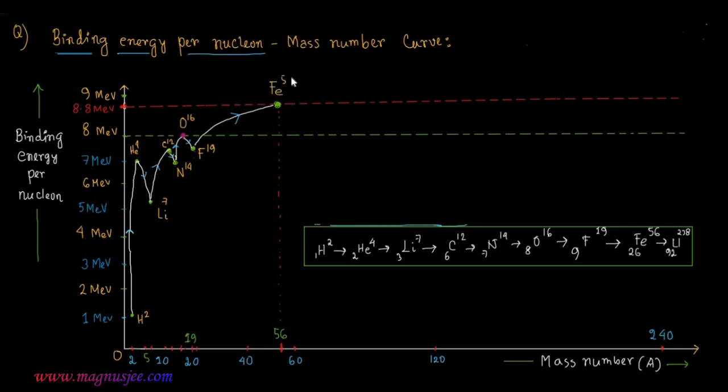This point indicates the position of iron nucleus at which binding energy per nucleon is 8.8 mega electron volt.